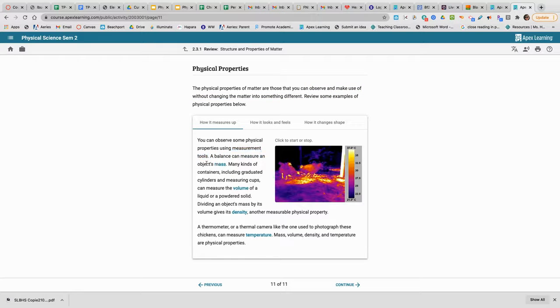Like, can you measure the mass? What is the volume? What is the density? Those are physical characteristics that you can measure without changing the substance itself. Okay, the temperature, that's another one. So those are physical properties.